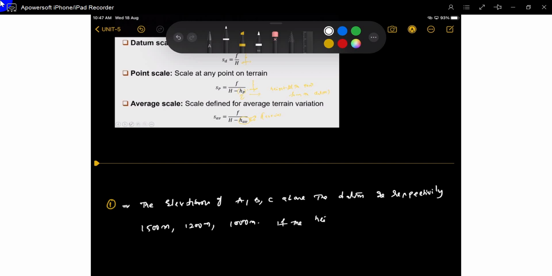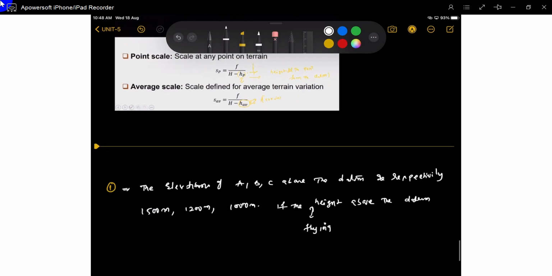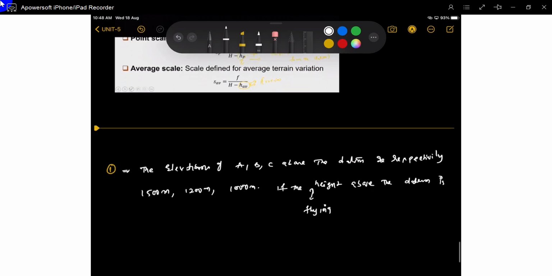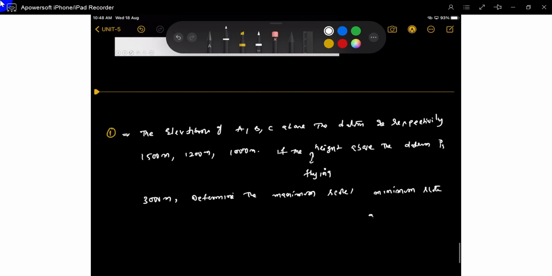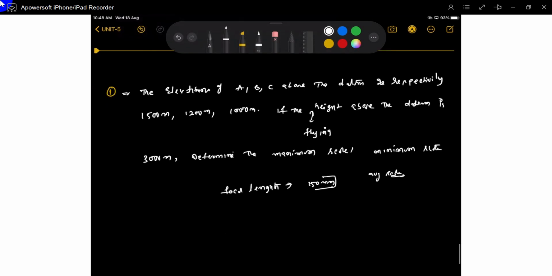If the flying height above the datum is 3000 meters, determine the maximum scale, minimum scale or average scale. Focal length is 150 mm.